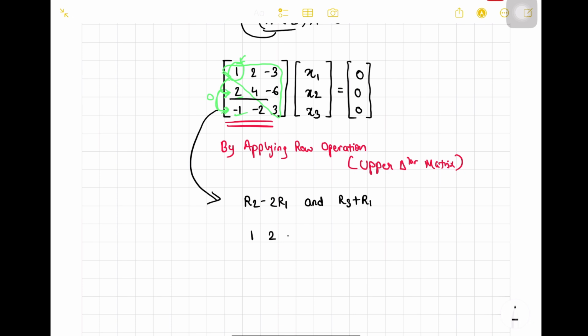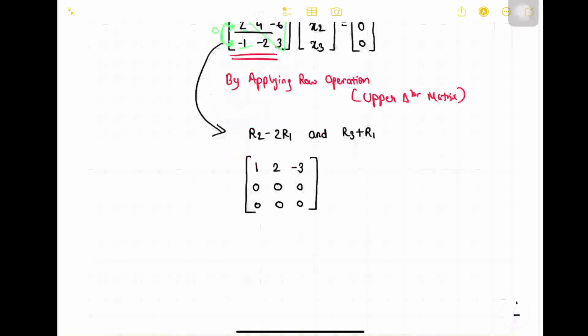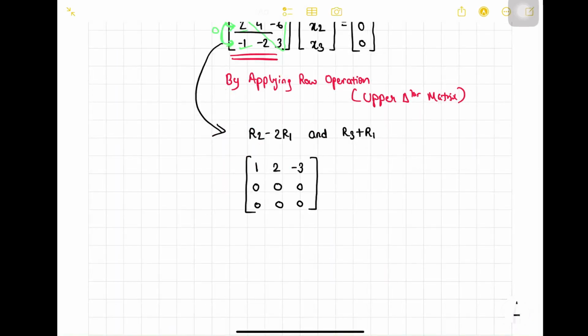1, 2, minus 3, and the second and third rows become 0. And we will keep x1, x2, x3 as they are, equal to 0, 0, 0.